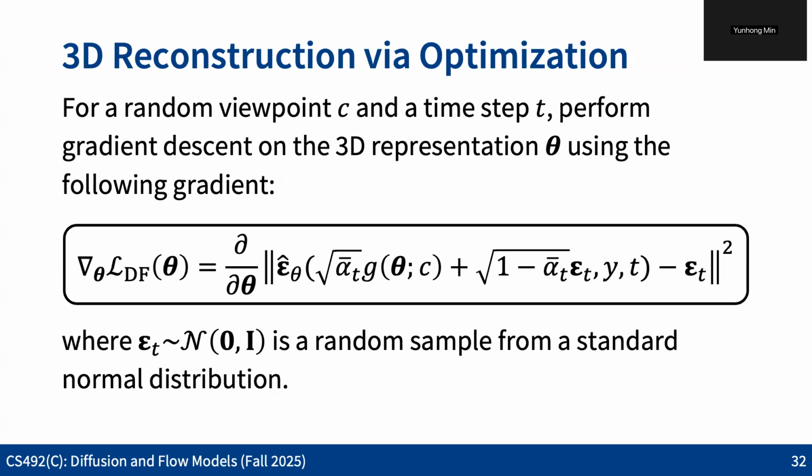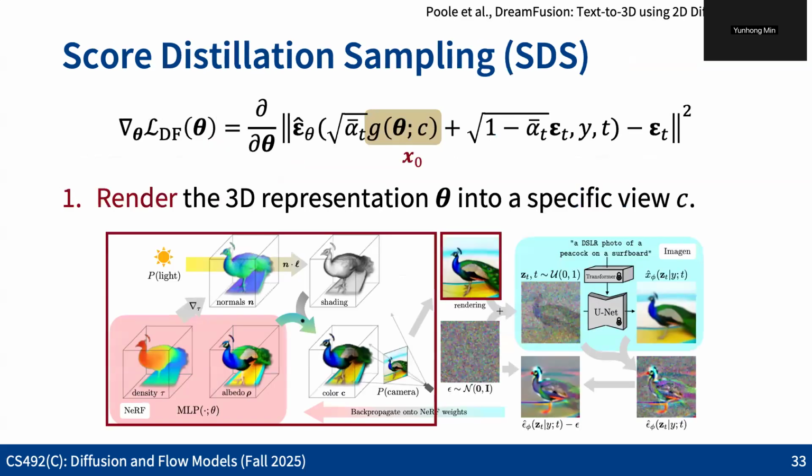More procedurally, for any given random viewpoint, we first render the 3D representation into a data point.